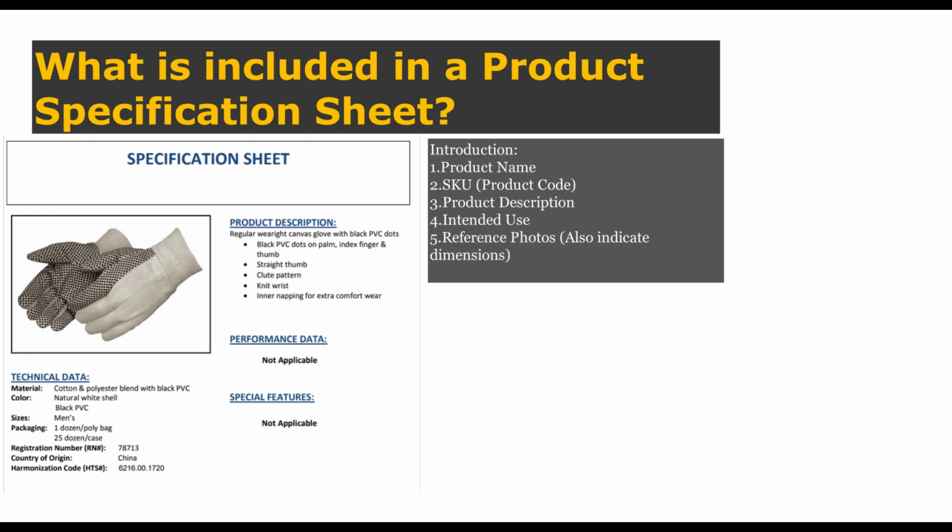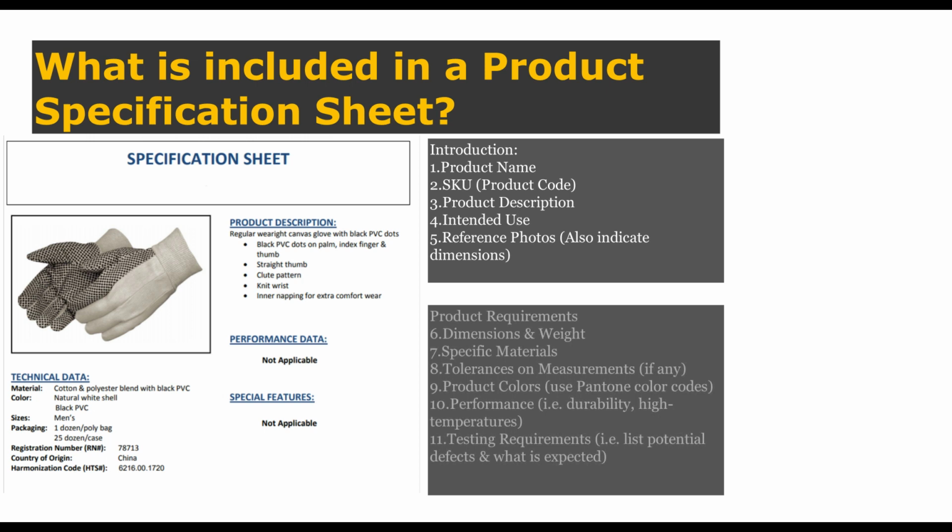First, you could have an introduction part, which can include product name, SKU or product code, product description, intended use, and reference photos. Also indicate the dimensions there. Then you can have the product requirements listed, including dimensions and weight, specific materials, tolerances on measurements if any, product colors, product performance such as durability, high temperature performance, and testing requirements such as least potential defects and what is expected.